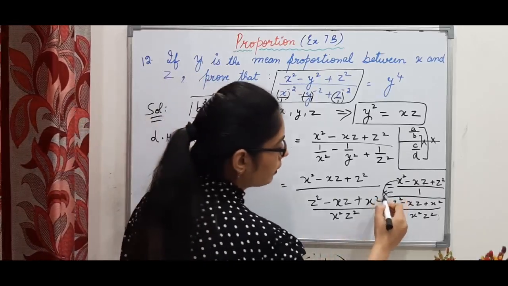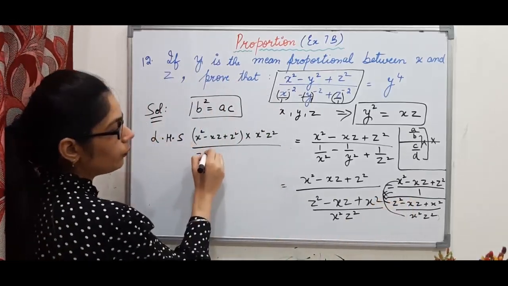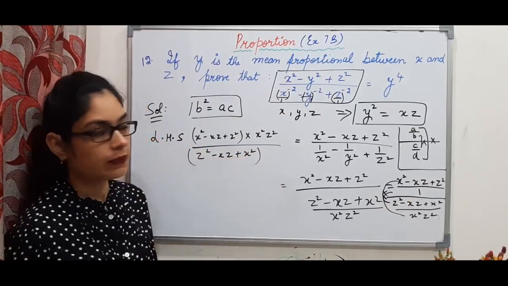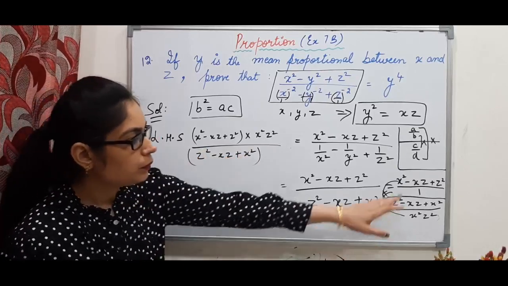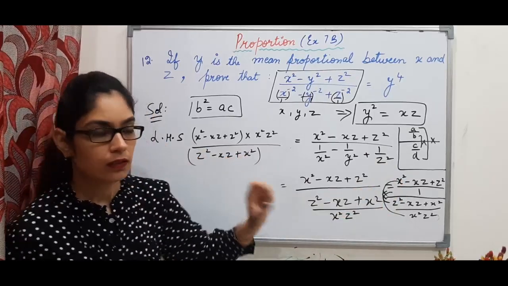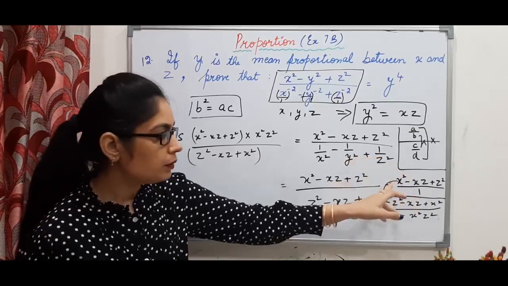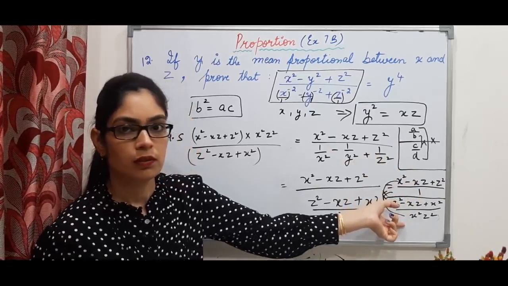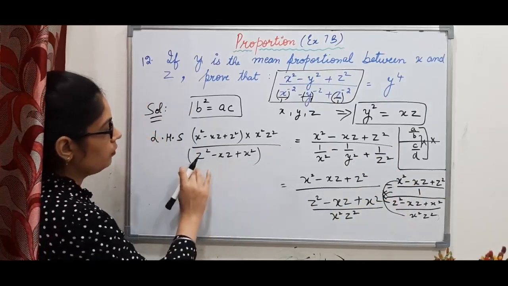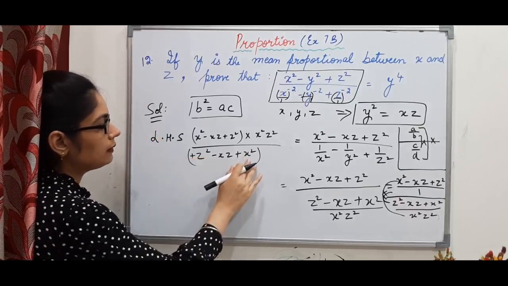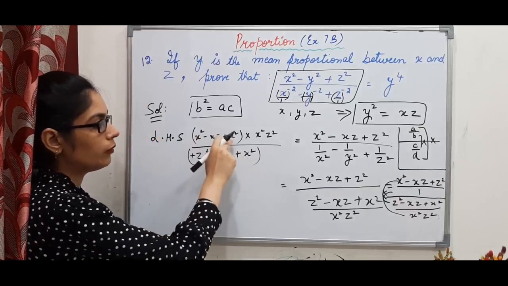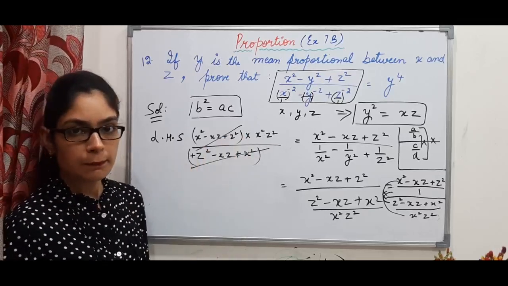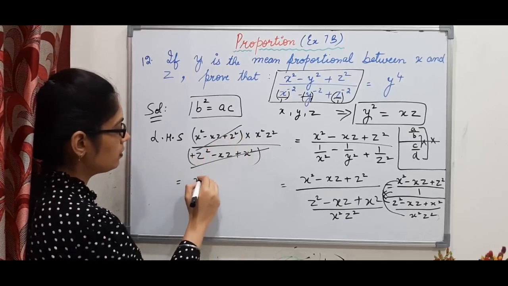And the inner ones will get multiplied, so z square minus xz plus x square into 1, no need to write. See, the position of the first fraction, the upper one, its numerator and denominator you have to keep there, only these two you have to shift. Now, plus z square plus x square, minus xz, plus x square plus z square. So both are the same terms, they will get cancelled. So I am left with x square z square.